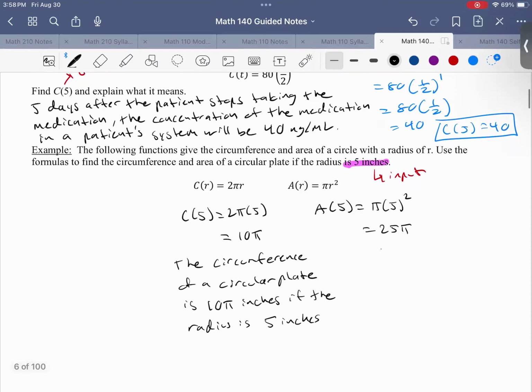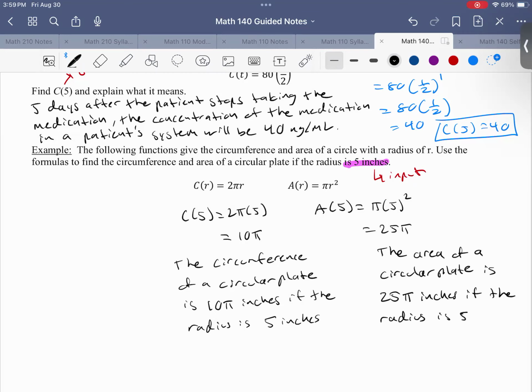And likewise, the area of a circular plate is 25 pi inches if the radius is 5 inches. Oh, I'm sorry, I forgot the squared. We're talking about area, so it should be units squared. But yeah, that's how you would interpret that.